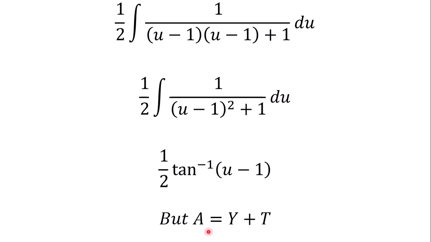The original one is what? A. And from that A we had Y and then T. So if you want to get A, we have to add Y and then T. So A is equal to Y plus T.